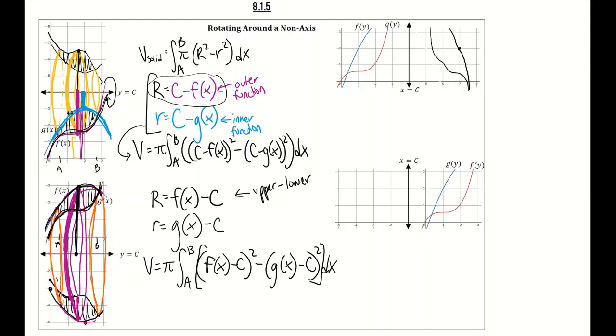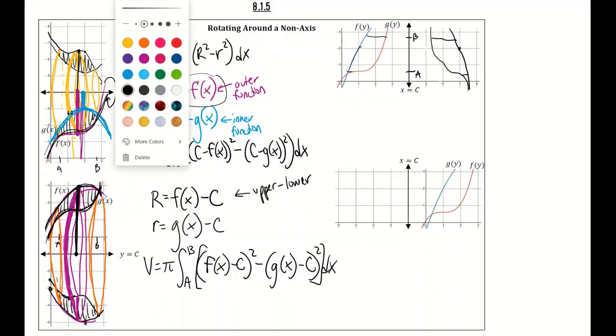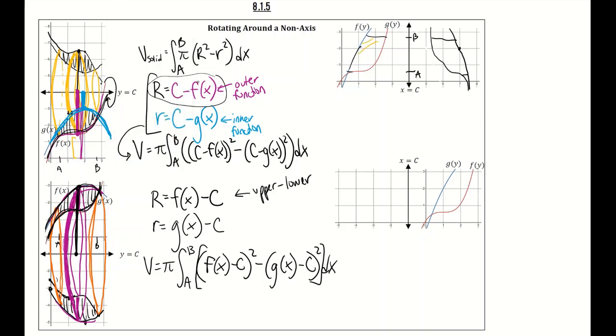Okay, something like that. And we're going from, let's say, a to b. My area, I'm rotating it around x equals c.